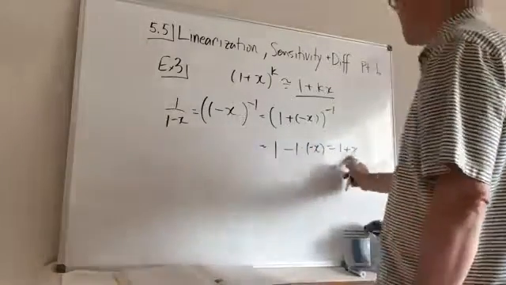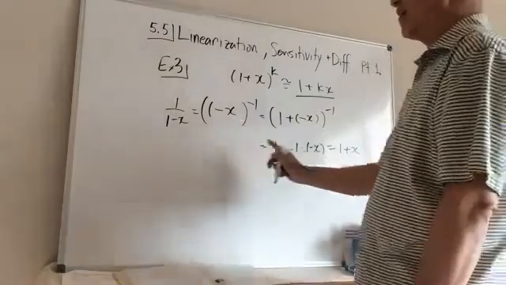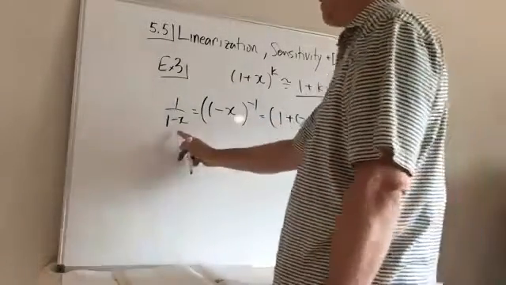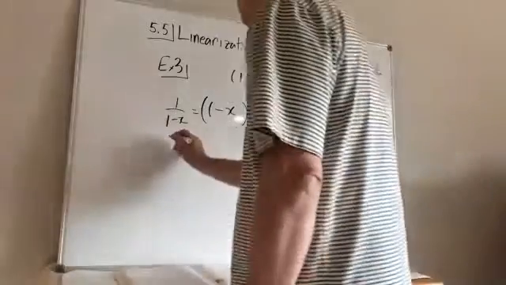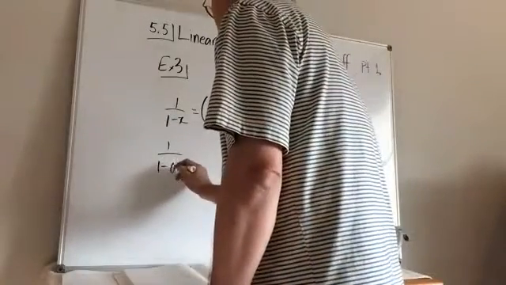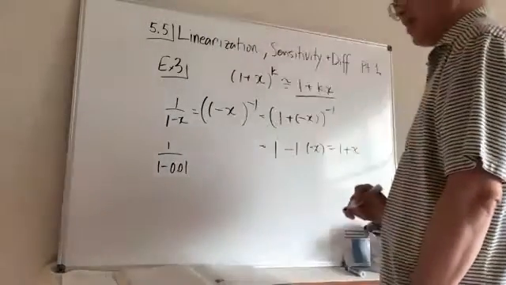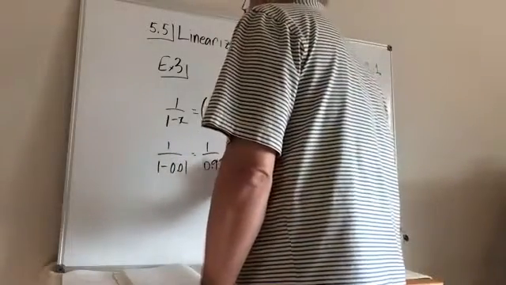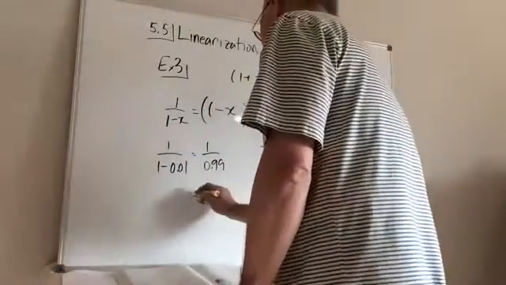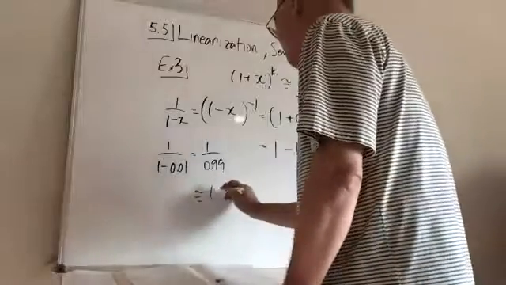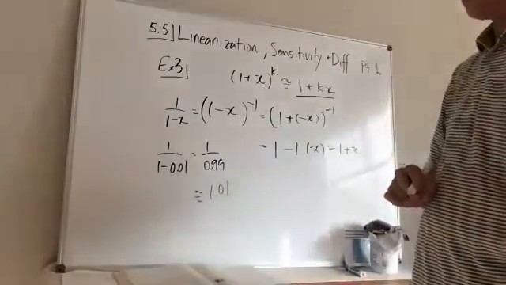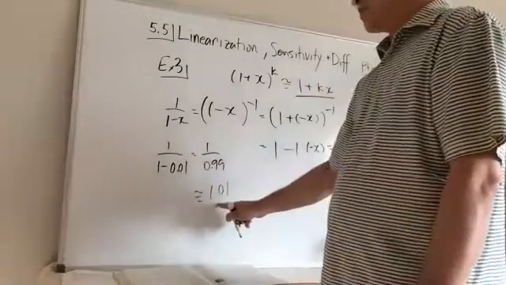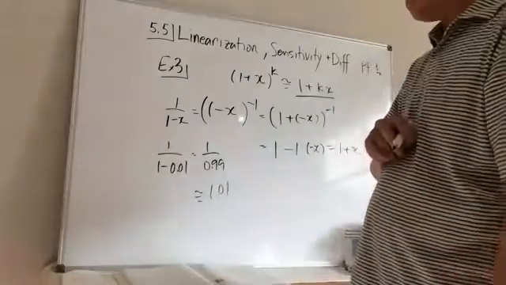So wouldn't you rather use this guy than this guy, right? Again, okay, all right. So I can say that 1 over 1 minus 0.01, which is the same as 1 over 0.99, is approximately the same as 1.01. Again, rather than deal with this, I would rather deal with this. Okay, all right.